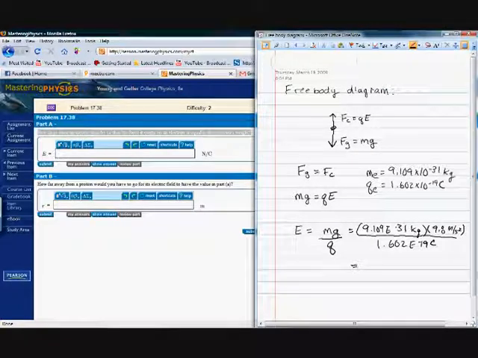And whenever we solve this, we get 5.5723 times 10 to the negative 11th newtons per coulomb.